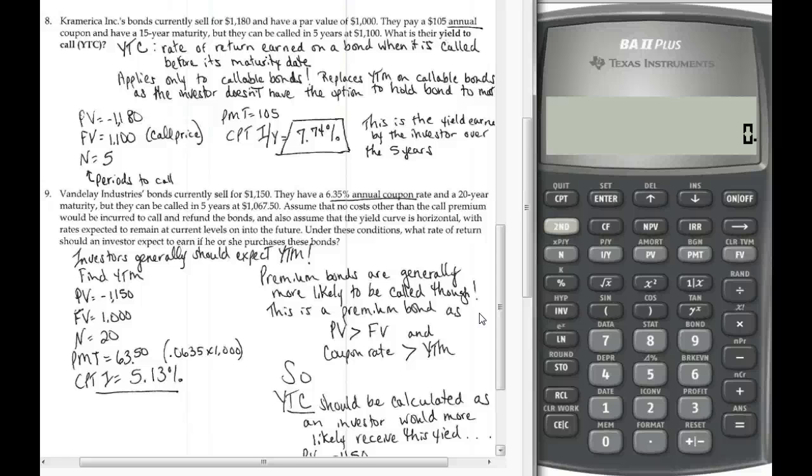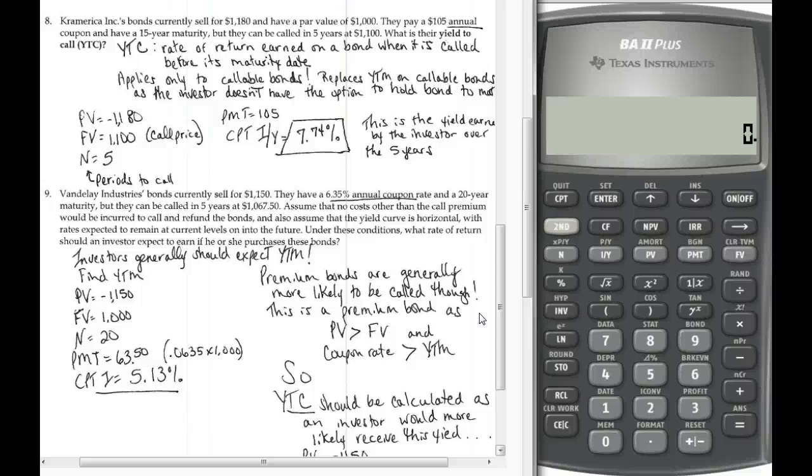All these different options and features of bonds are written into the contract when the bonds are issued. Yield to call is the rate of return that would be earned on a bond when it's called before its maturity date. So it's called kind of prematurely. This only applies to callable bonds. It replaces yield to maturity on the callable bonds because the investor does not have that option to hold the bond until it matures.